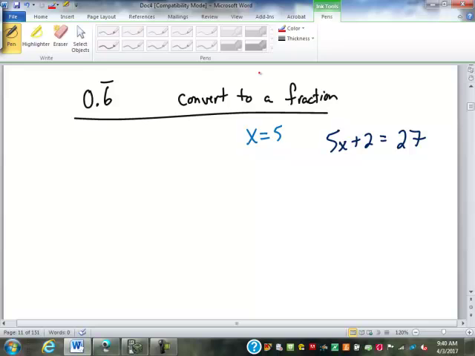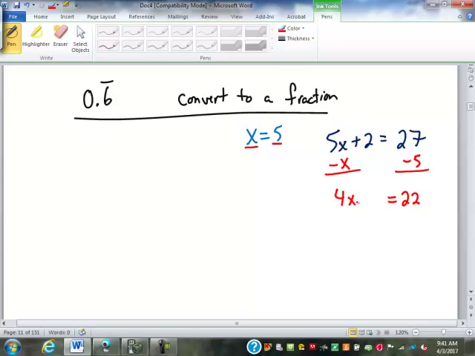Now you recall we were told that we could subtract the same thing from each side of an equation and it won't change the equation. Add, subtract, multiply, divide, actually. So here, if I subtract 5 from this side, I would get 22. I also have to subtract 5 from the left side. But rather than subtracting 5, since I know that x equals 5, I'm going to subtract x.